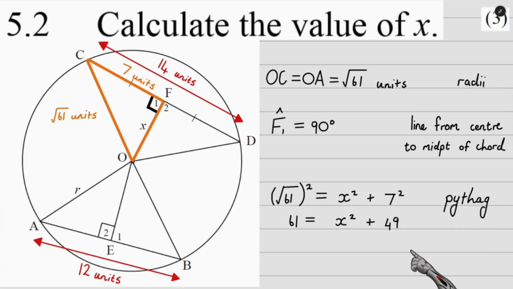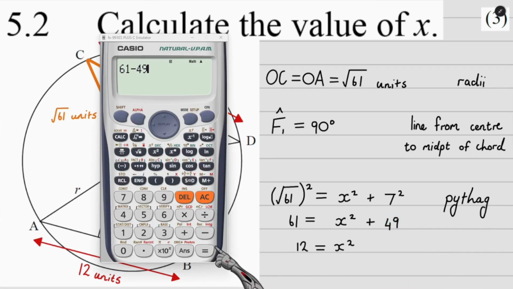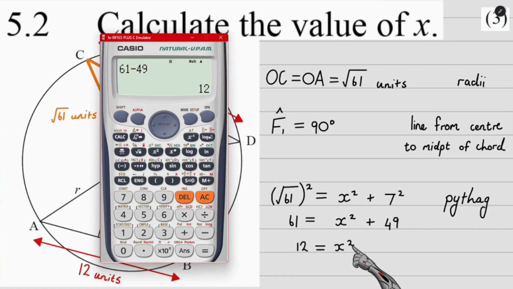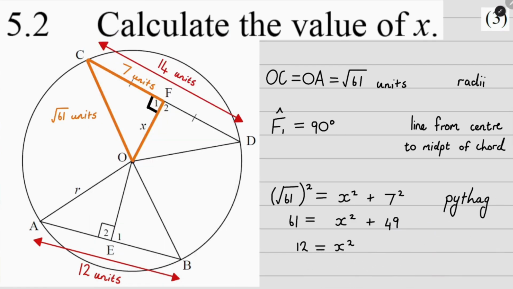And then I'm going to take that 49 over to the other side of the equation. And it becomes minus 49. And 61 minus 49, I believe that's 12. And it most definitely is 12. Triple check yourself. And now we just need to get rid of that square. And we're going to get that done by square rooting both sides.